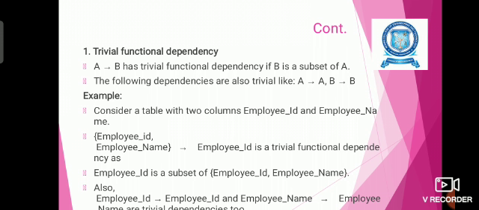Here we are combining employee ID and employee name. And the functional dependency becomes trivial since employee ID, the right-hand side attribute, is a subset of the left-hand side joined composite attribute. So this kind of dependency is called trivial functional dependency.